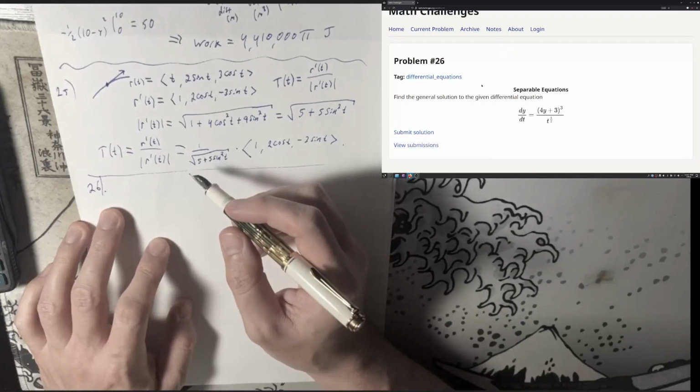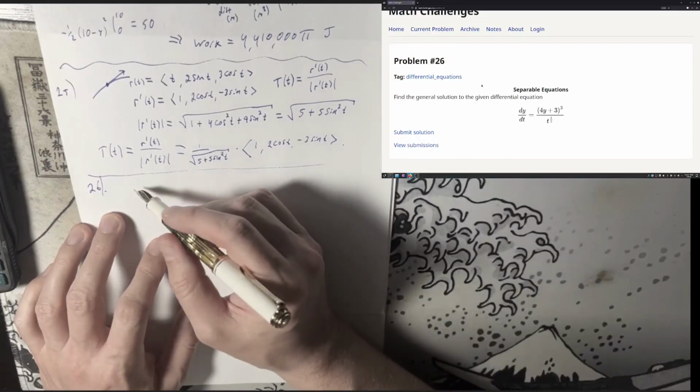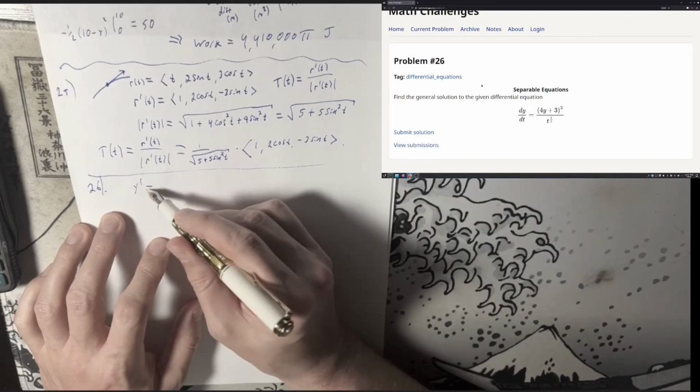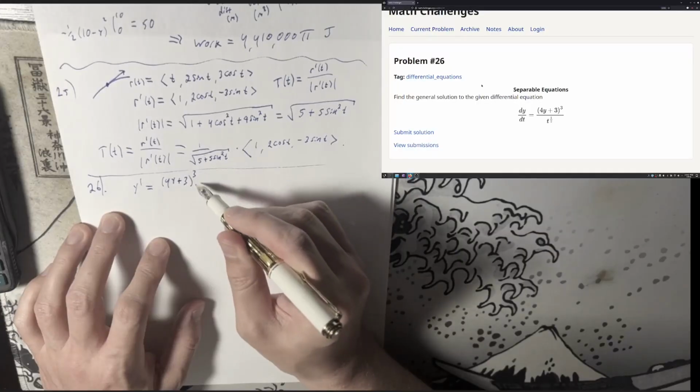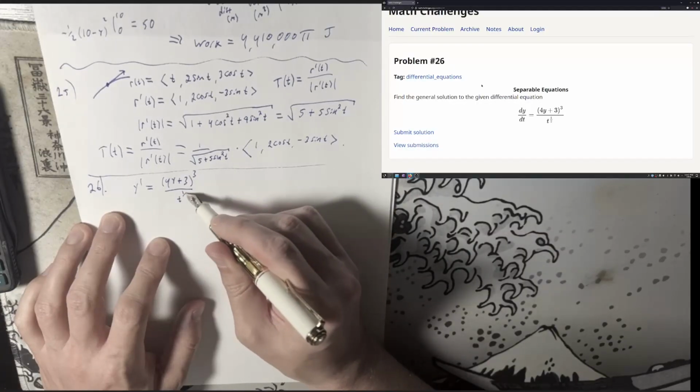26 says, it's a differential equations question. Find the general solution to this. We've got y prime is 4y plus 3 cubed over t to the half.